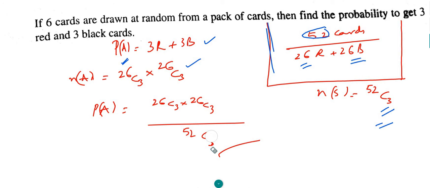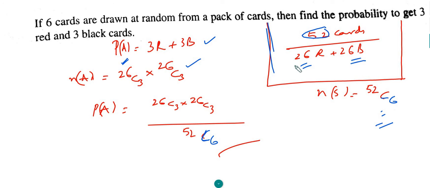This will be 6, so 52C6. This is also 52C6. So 6 cards can be drawn from 52 cards in 52C6 ways.